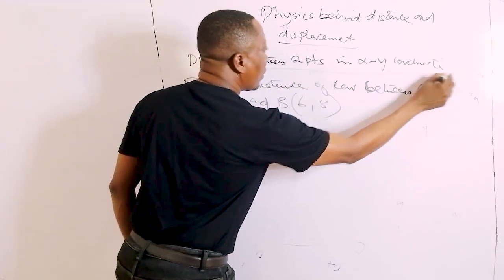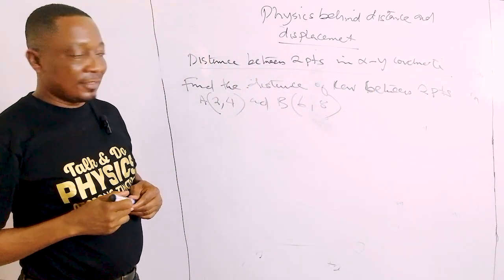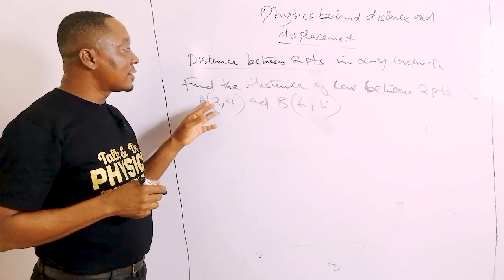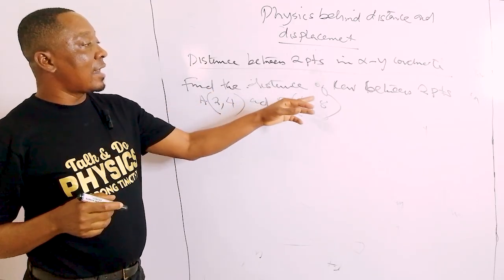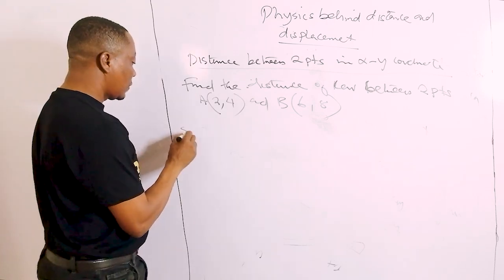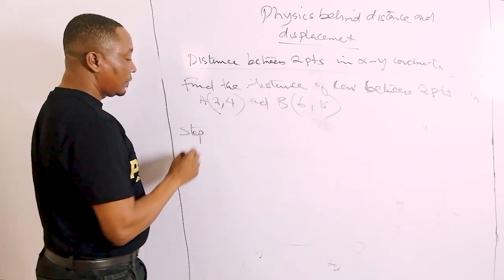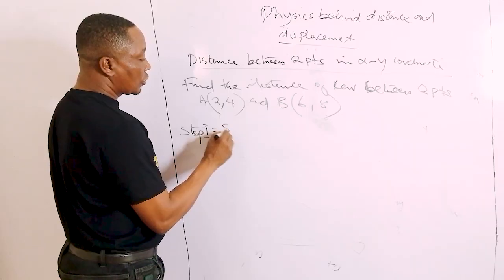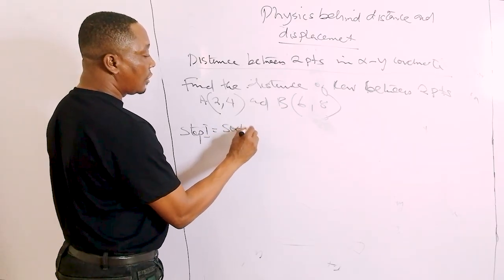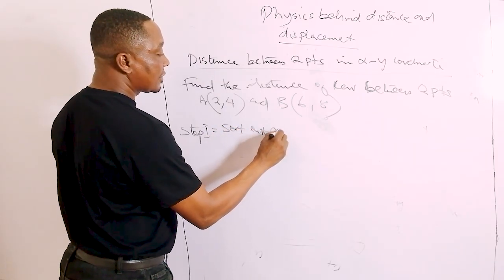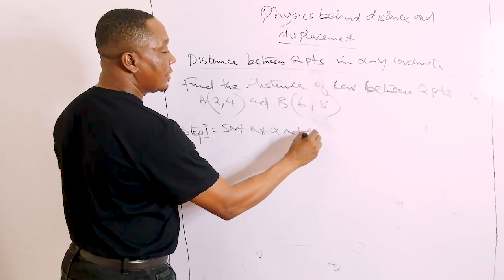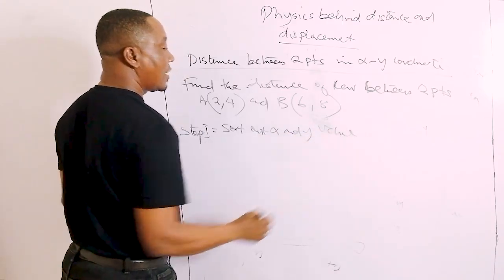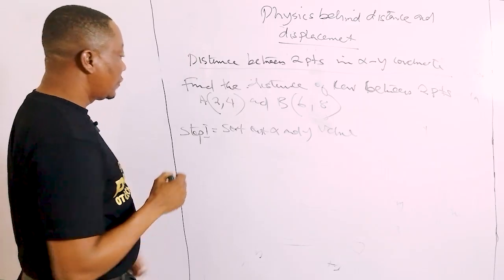Remember, we're talking about x and y coordinates. So in finding the distance of a car between 2 points, first, step 1, sort out x and y values. That is the x and y value.